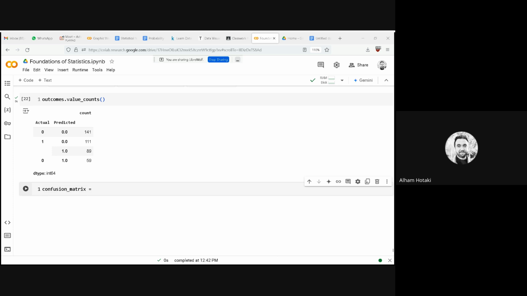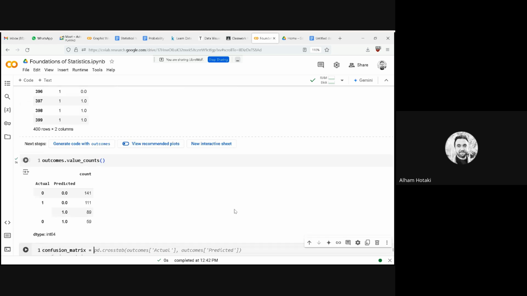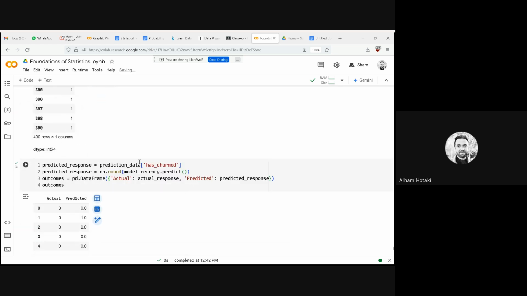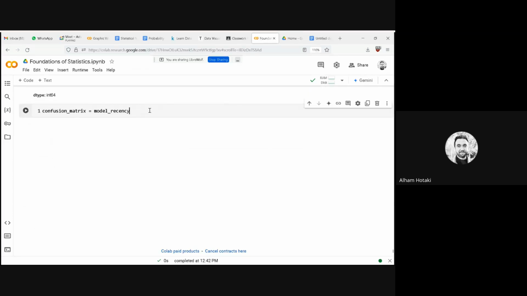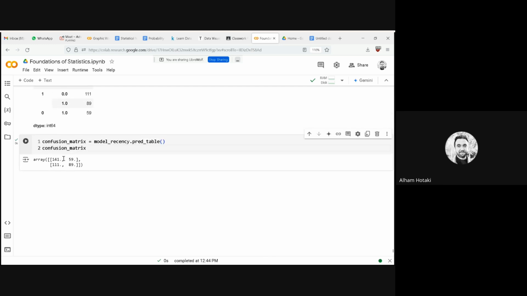It will be this model that we have here, this model dot pred table, the prediction table of this model, and in this confusion matrix, this is it: 141, 59, 111, 89.